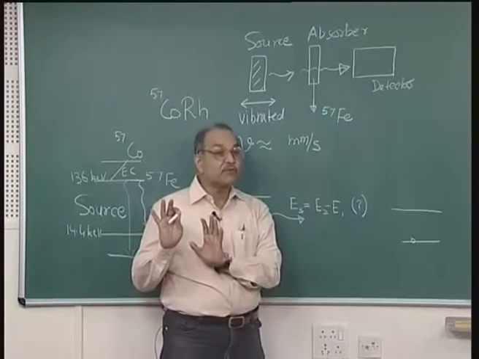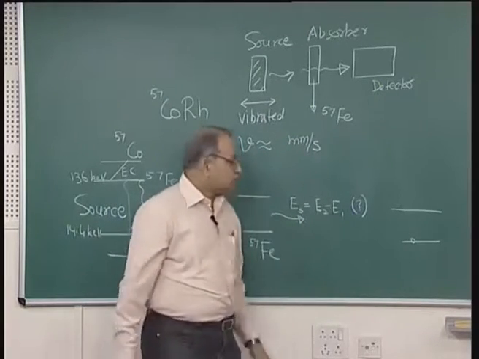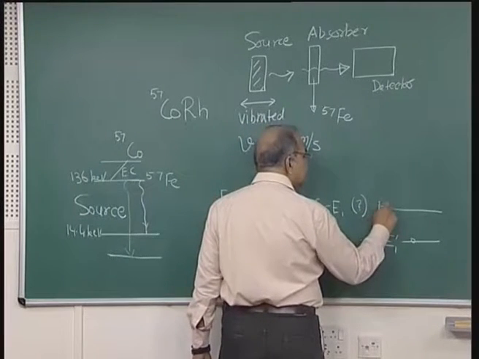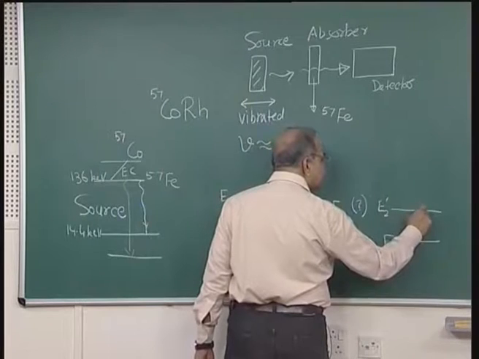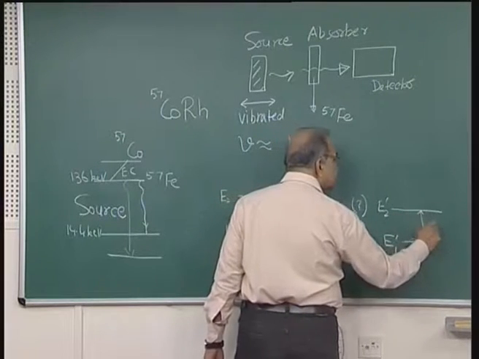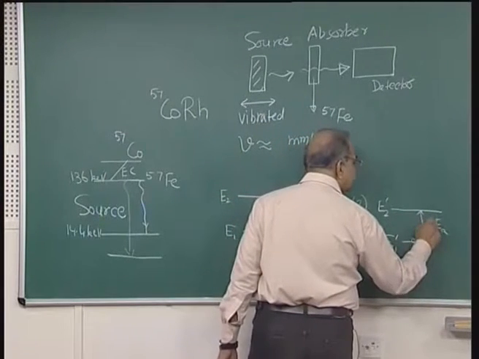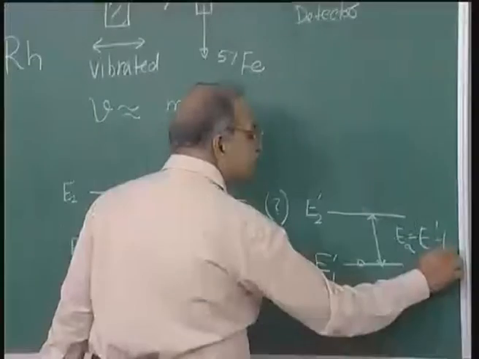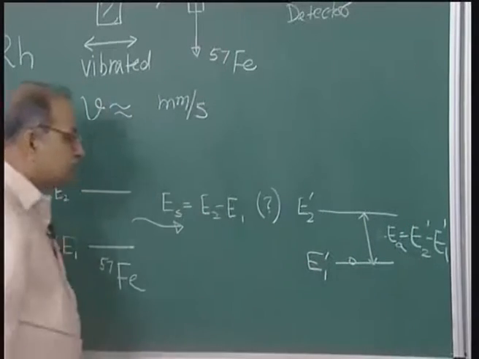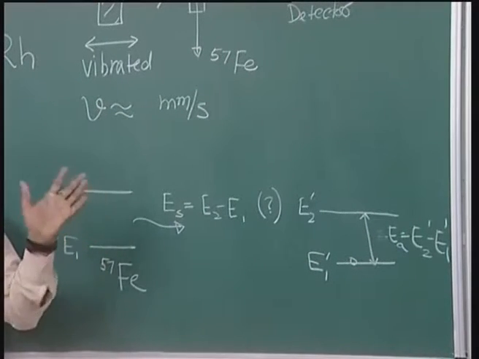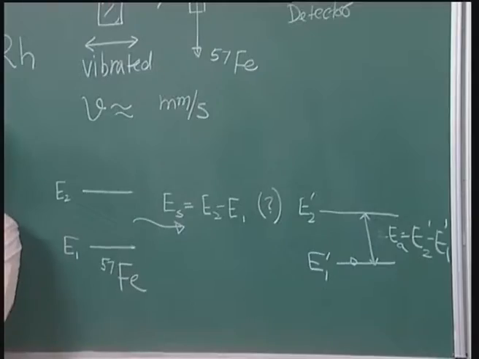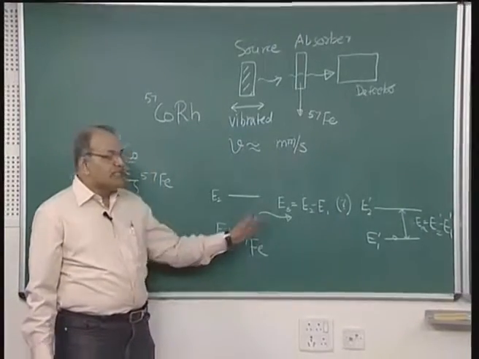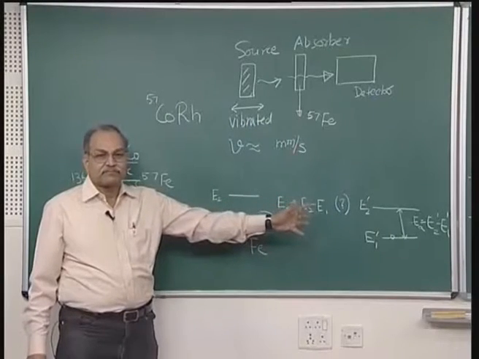So, the shifts will be different, and so this energy is, say, E 1 prime, this energy is E 2 prime, and this difference is E a, and that E a is, let us say, E 2 prime minus E 1 prime, somewhat different, about 10 to the power minus 8 eV. All changes are of that order, 10 to the power minus 8 eV. So, it is slightly different.